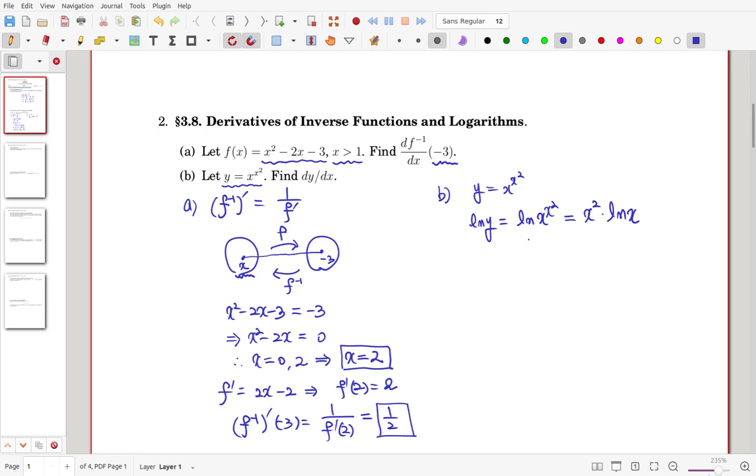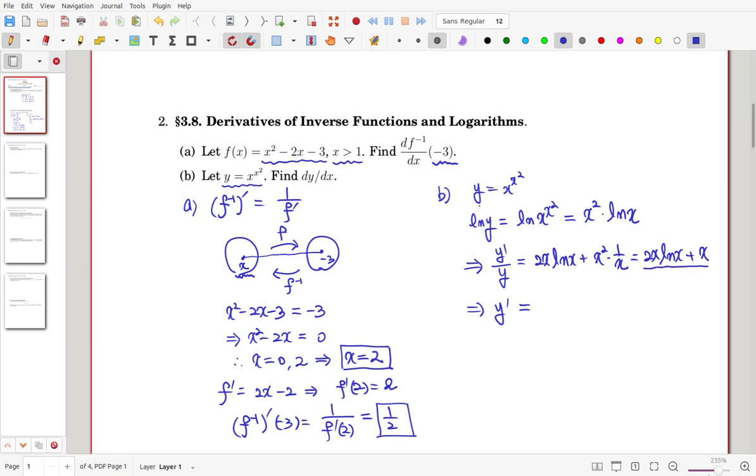Now we apply the x derivative, then that is y prime over y, and on the right side, by using the product rule, you get 2x logarithm x plus x squared times 1 over x. That is the same as 2x logarithm x plus x. So we reach y prime equals y times that.